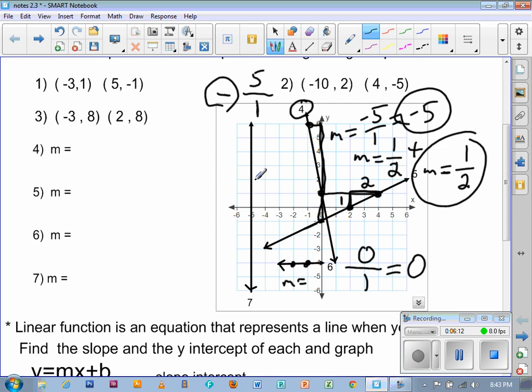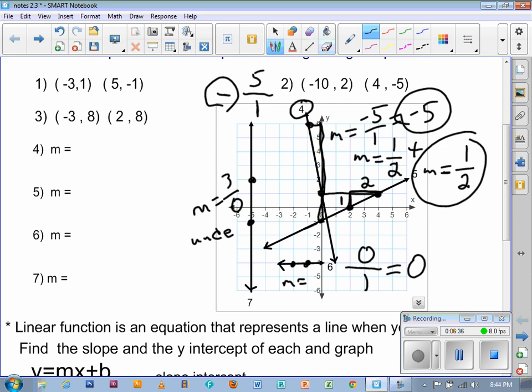With vertical lines, however, we have a little bit of an issue. Let's identify 2 integer ordered pairs, and let's take a look at what our rise is. Well, our rise is 3, and our run is 0. Vertical lines, as you can see, force us to divide by 0. We cannot do that. So this slope is undefined.